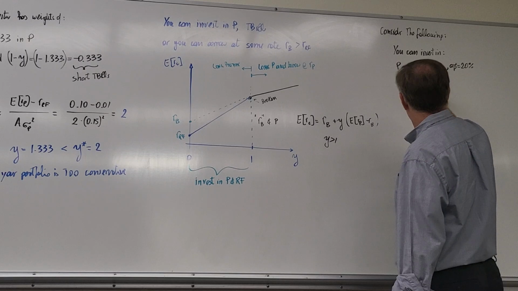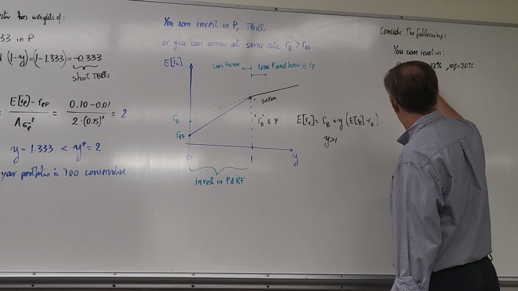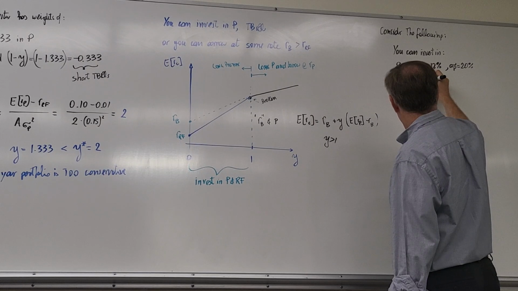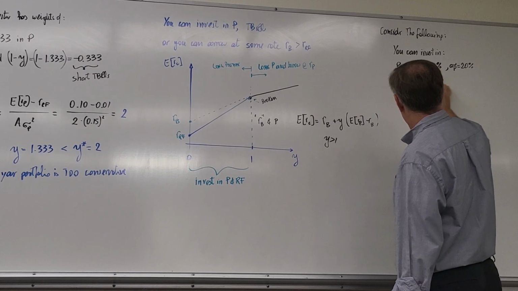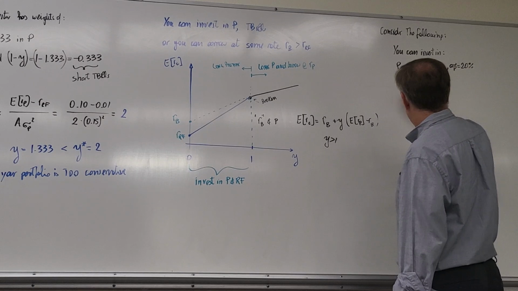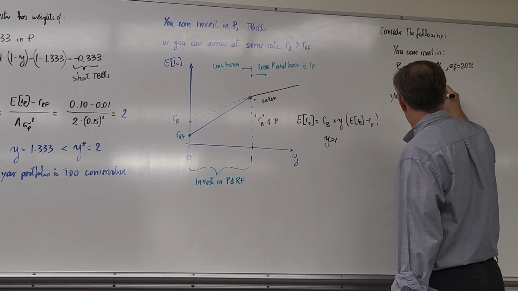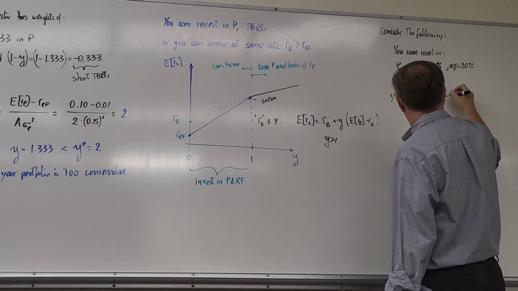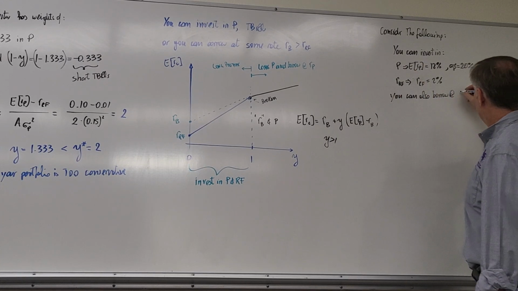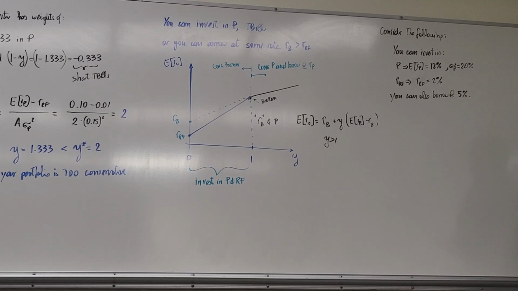The risk-free asset has a rate of 2%, but you can borrow at 5%. Okay, so those are the possibilities.